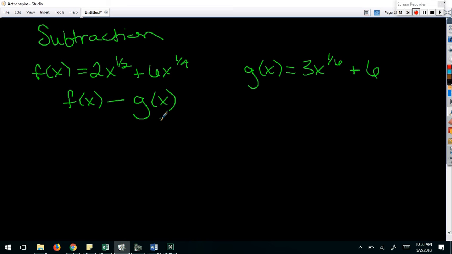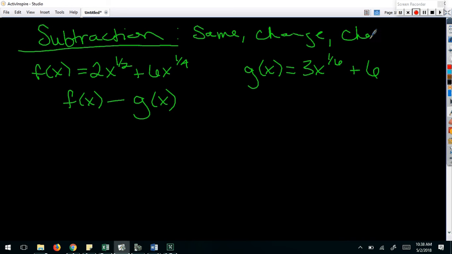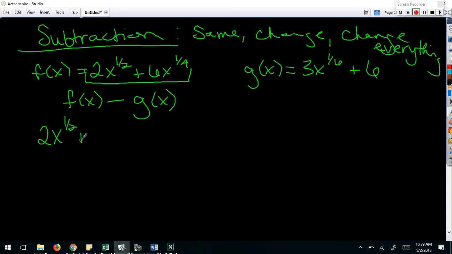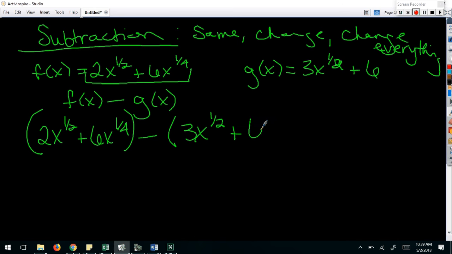Okay, so if I want to do f of x minus g of x, that means I want to take all of this, 2x to the 1/2 minus 6x to the 1/4, and I want to subtract, and I'm going to put them in parentheses so you can see the difference here, 3x to the 1/2 plus 6.